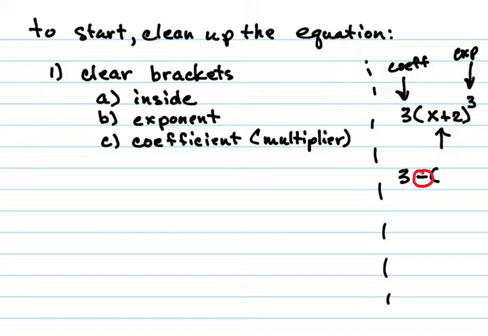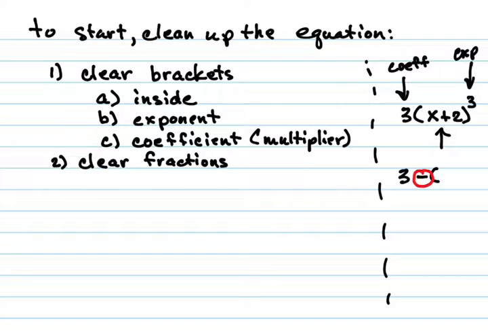Now, after you clear the brackets, the next thing you want to do is you want to clear the fractions. Now, clearing fractions or working with fractions is nobody's favorite thing to do, but if you'll just remember that we can clear the fractions by thinking about the operation.